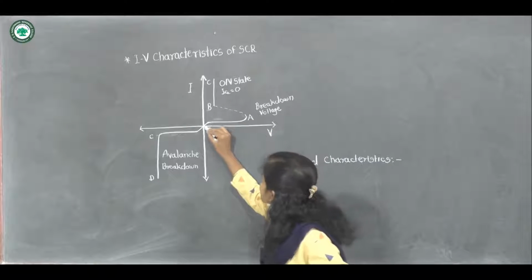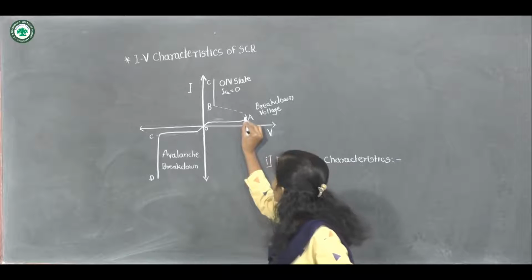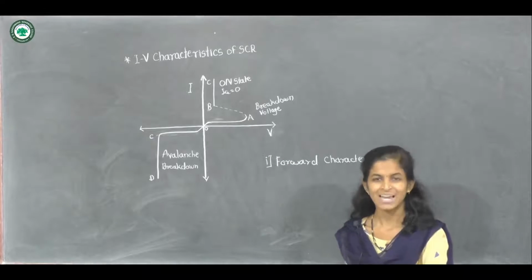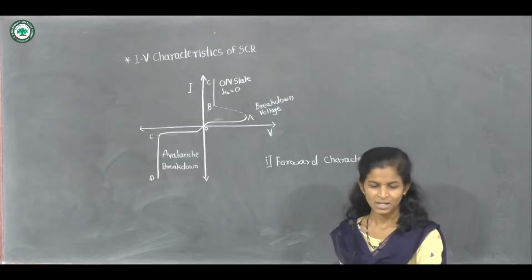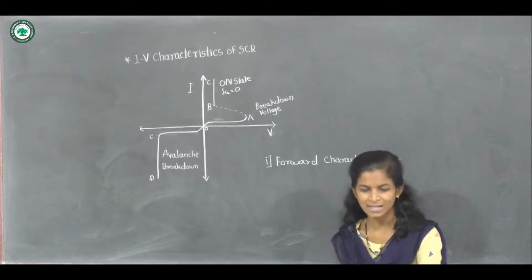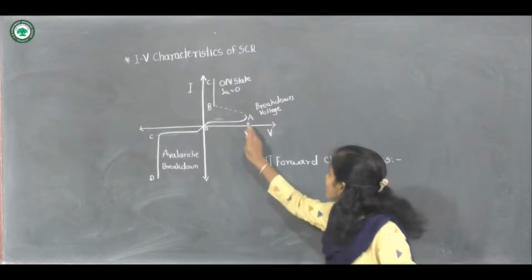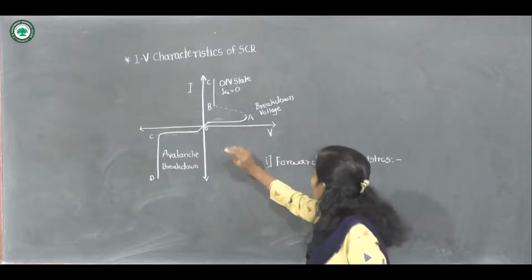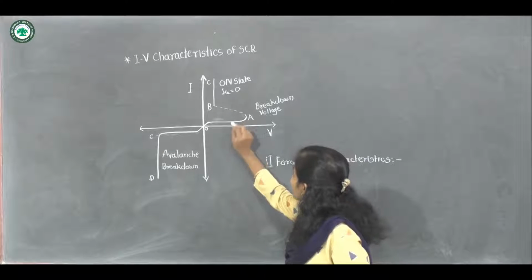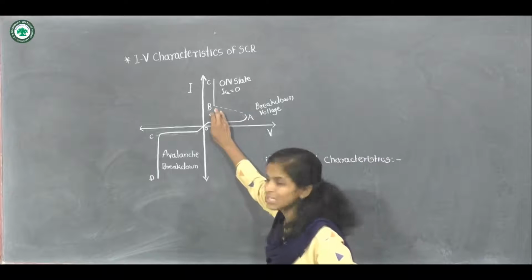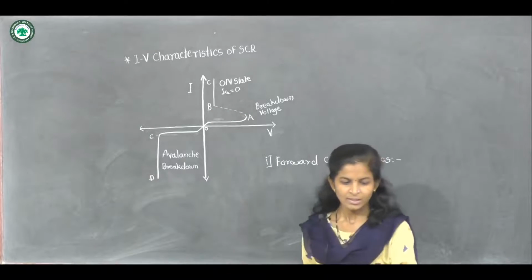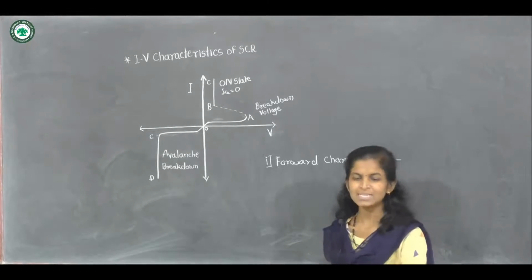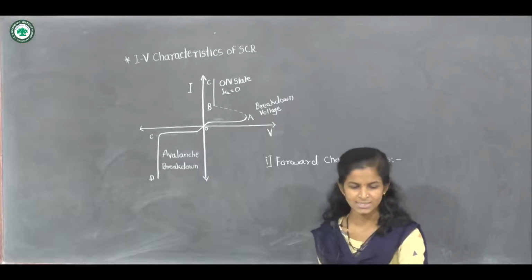Under this condition the voltage across SCR drops suddenly, as shown by this dotted line. After point A, the voltage across SCR drops suddenly, and most of the supply voltage appears across the load resistance RL.